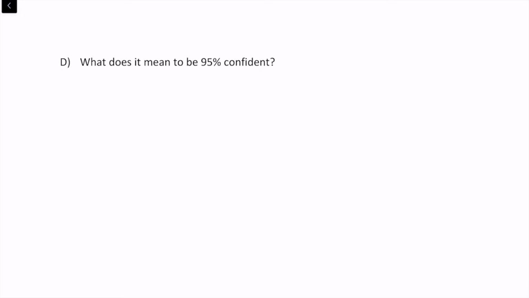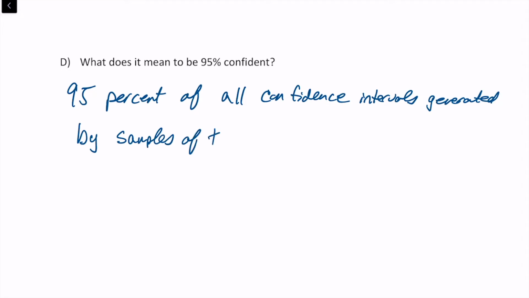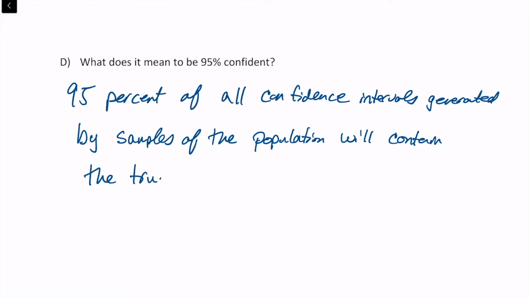Let's write it this way. 95% confident means that 95% of all confidence intervals generated by samples of the population will contain the true population proportion.